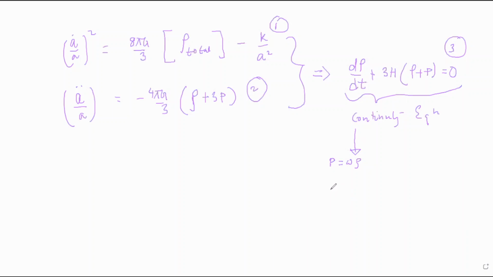So dt can be cancelled out. You will find out. So can you do it now? Put P equals w rho. I want a general solution. We have done it for matter, we have done it for radiation, but from the continuity equation, please integrate it out and do it right now. Okay, is it clear?